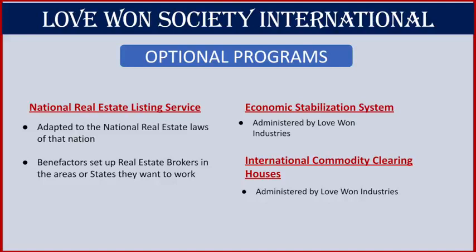And then you have the optional programs. The National Real Estate Listing Service, we discussed that a little bit. Basically, that's a program where we buy houses at retail or market value, and then we bring it in, and crews will go in and remodel things and bring it up to a high standard.